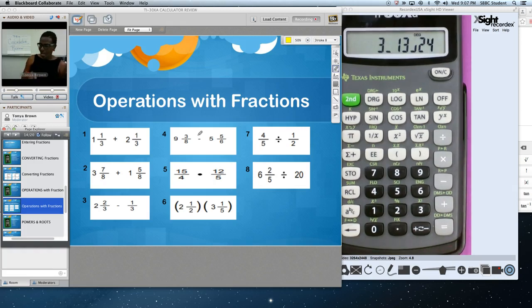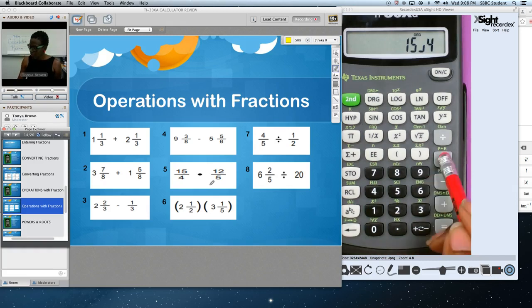All right. Now, let's go ahead and clear this out. Let's try the next one. If I were to multiply 15/4 times 12/5, what do we enter? Oh, I'm sorry, I never cleared it out, huh?